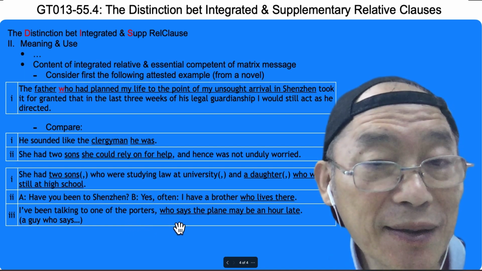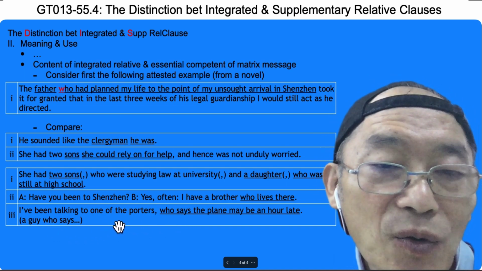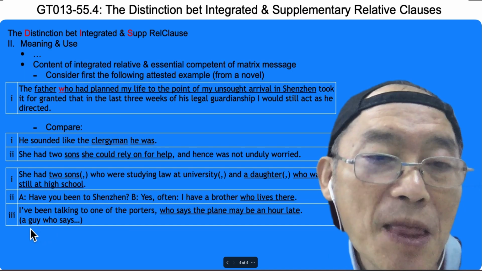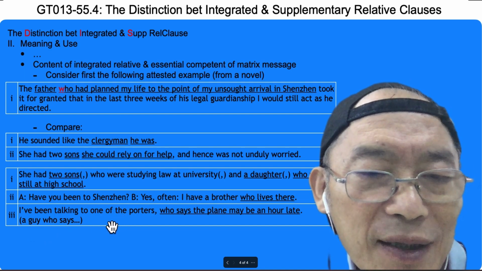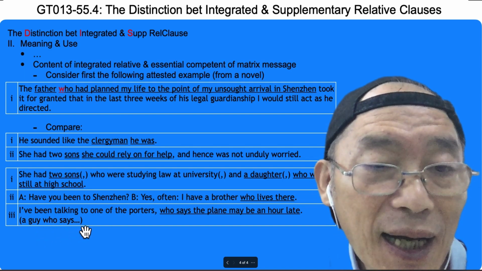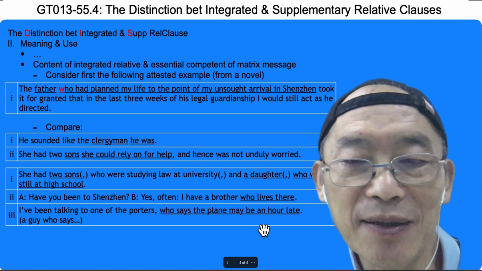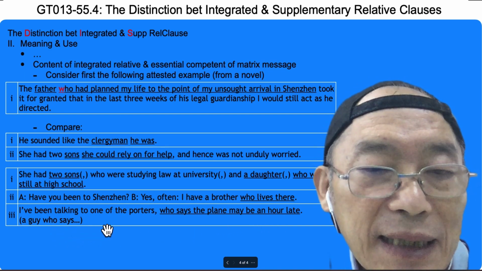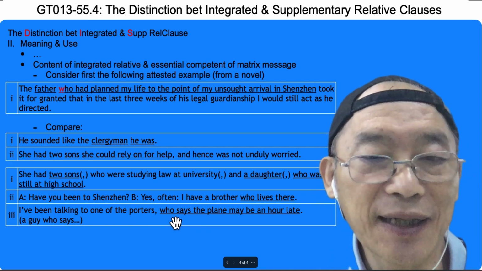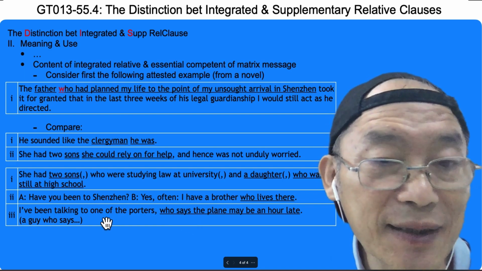But you can replace this with integrated: talking to a guy who says the plane may be an hour late. So, to a guy who says, who says is an integrated relative clause modifying guy.